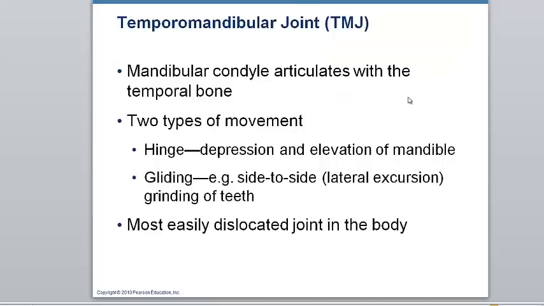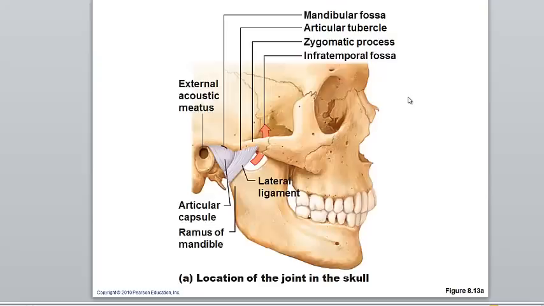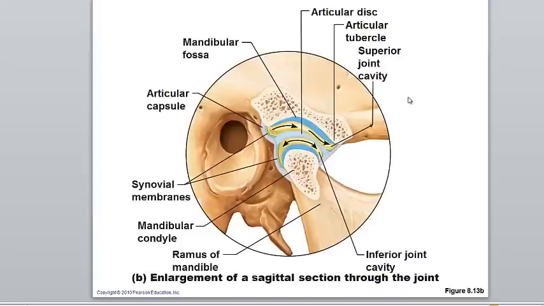We're moving on to your TMJ, or temporomandibular joint. If you remember from your bone, I said the mandibular condyle and the mandibular fossa of your temporal bone form this joint. So here is your mandibular fossa right over here, and here's the mandibular condyle of your mandible. These two form the joint.